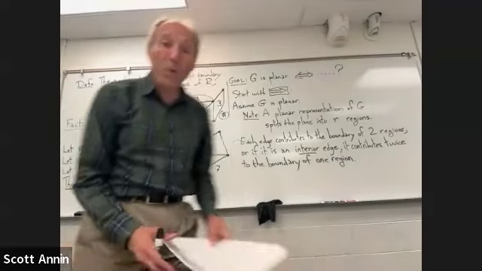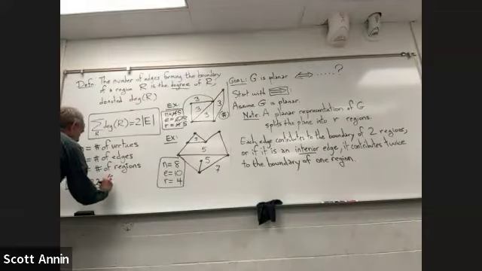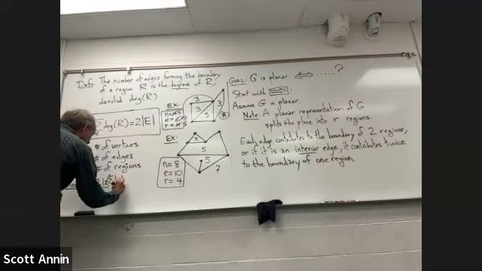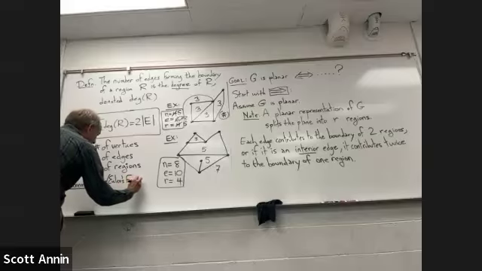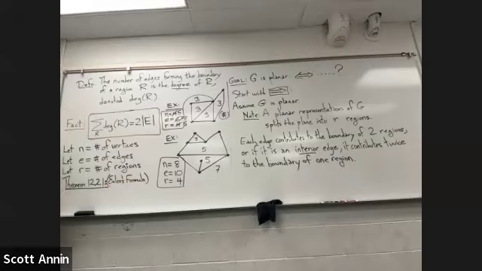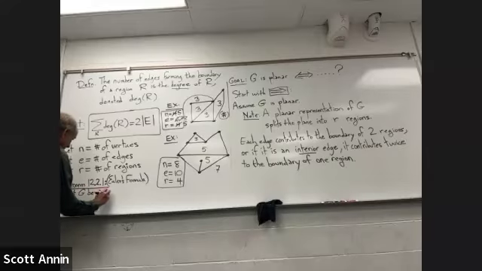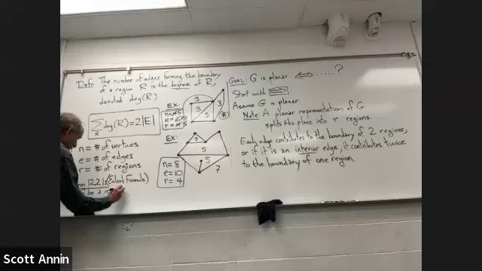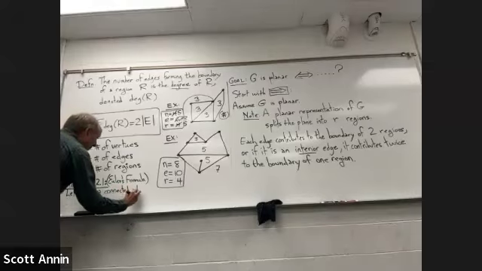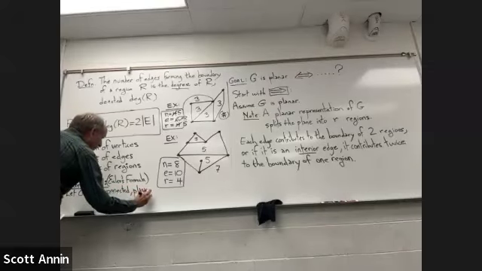And it is called, as I said, Euler's formula. And what it says is: let G be a connected planar graph.